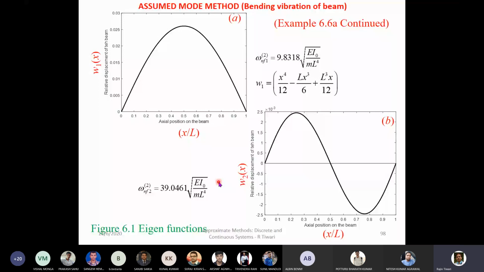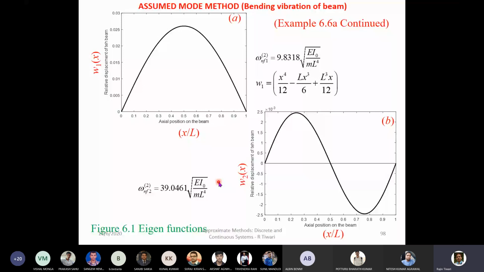And generally the tendency is, in obtaining the three natural frequencies, the lowest will be the most accurate, the second will again be more accurate than this one. So that is generally the trend we'll find, that as we take more and more terms, we will be getting more accurate lower natural frequencies.